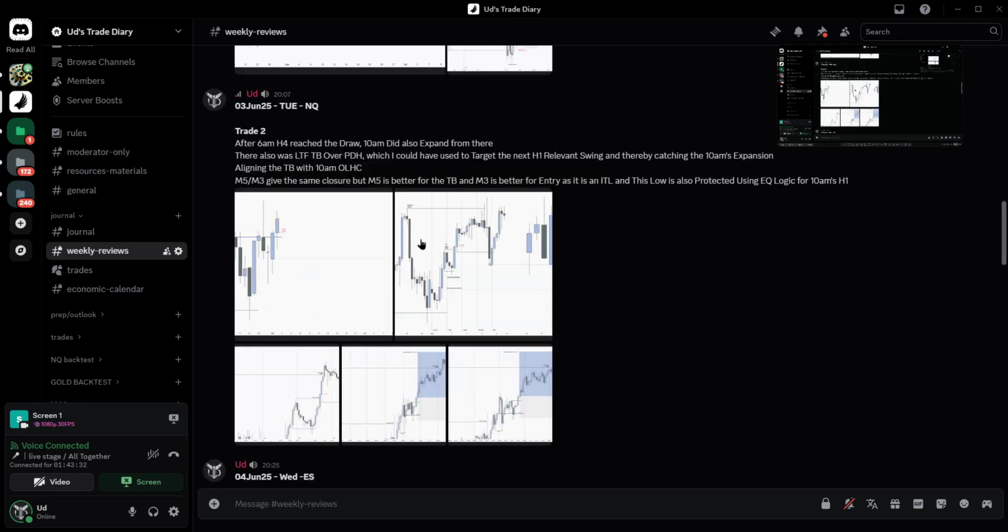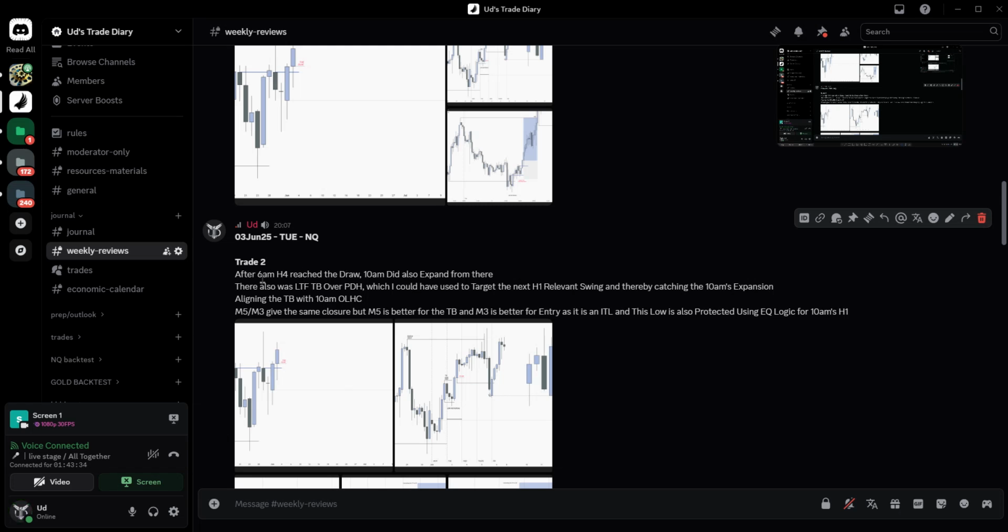If we go on to Wednesday, okay, let me read up what I wrote here. Yeah, after 6 a.m. H4 reaches the draw, which was previous day high. 10 a.m. did also expand, correct? There was a lower time frame true breakout over previous day high, which I could have used to target the next H1 relevant swing and thereby catching the 10 a.m.'s expansion.